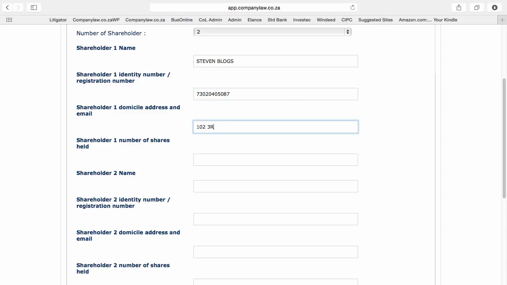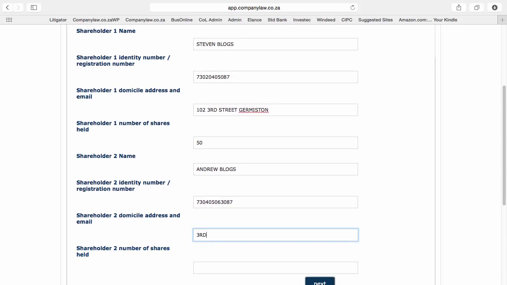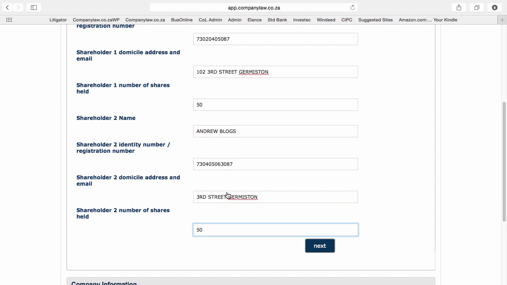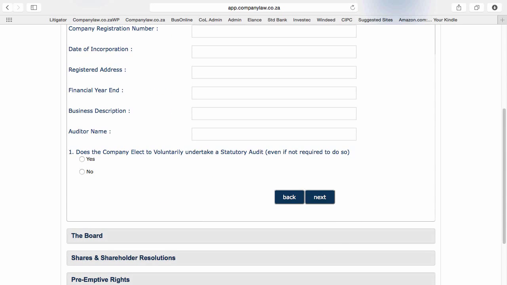Then their domicile address, and the number of shares held. Right, that completes the shareholder information.